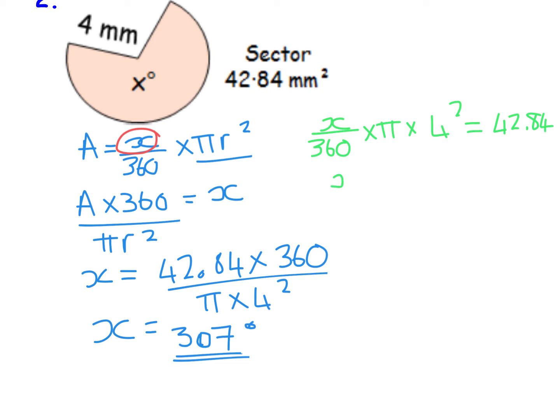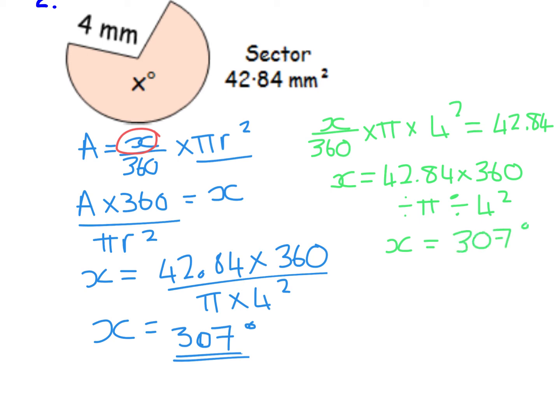And you could just say, right, x equals, start with your area, and then think of all these opposites. There's a divide by 360, that becomes a times 360. Then you've got a times pi, that becomes a divide by pi. Then you've got a times 4 squared, that becomes a divide by 4 squared. And if you type that all in one long go, you'll still come out with an angle of 307.